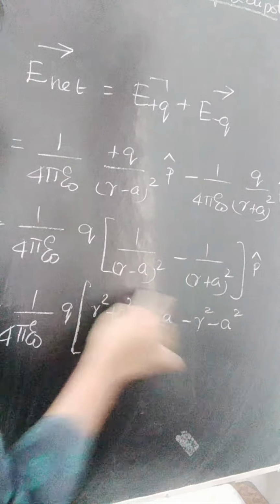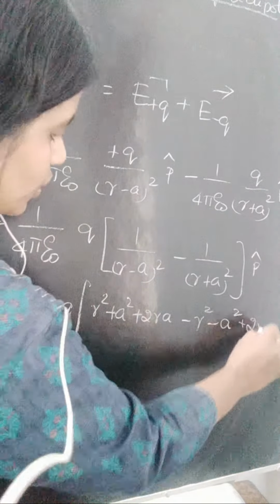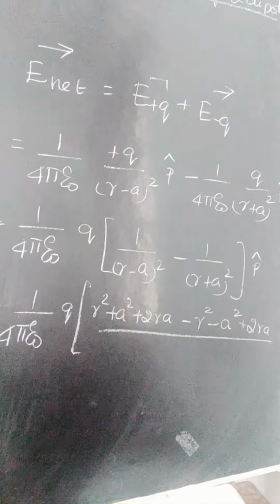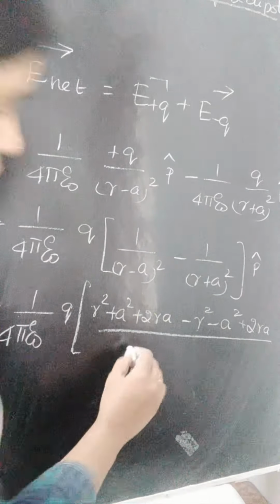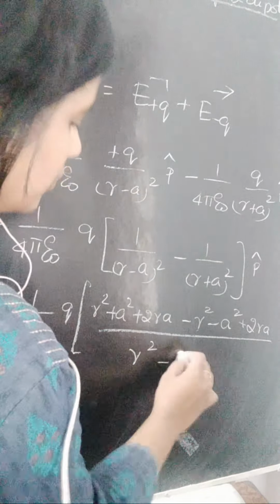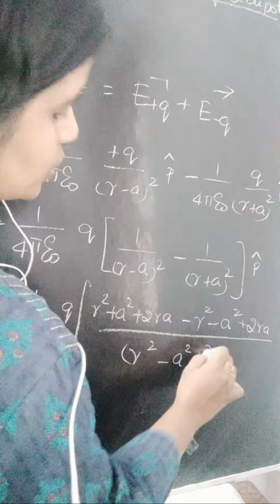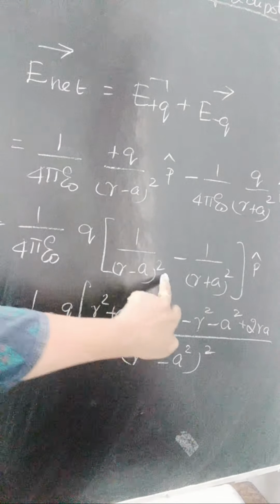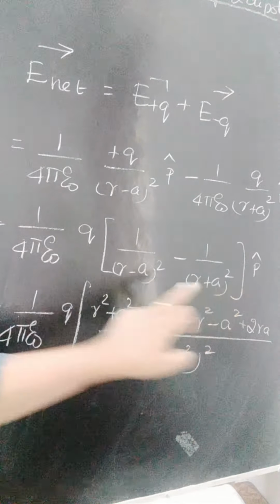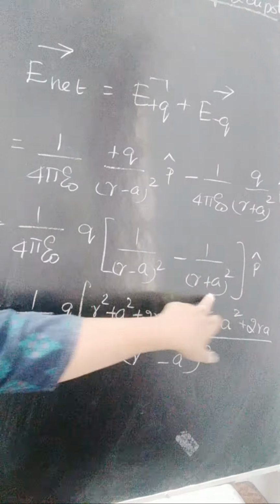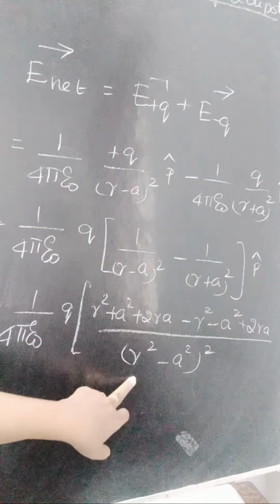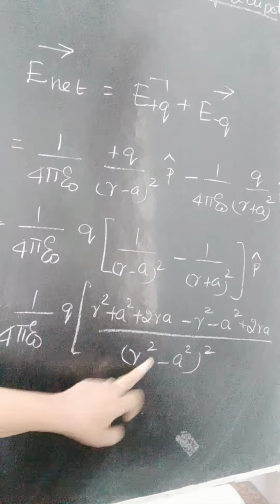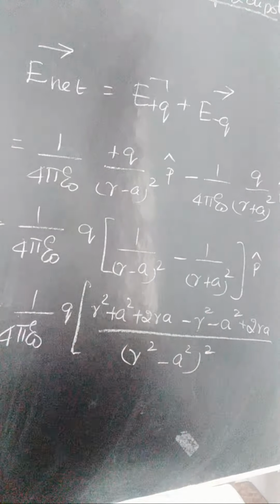Minus R square minus A square plus 2RA, divided by (R minus A) the whole square into (R plus A) the whole square. The formula is A square minus B square the whole square. That is (A minus B) the whole square into (A plus B) the whole square. So here it is R square minus A square the whole square.